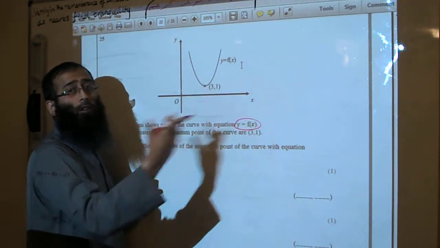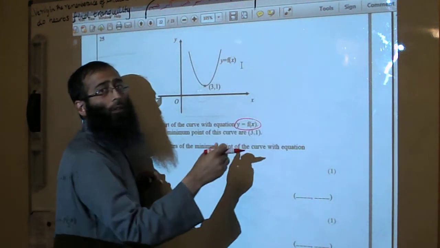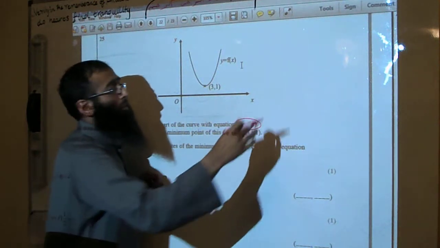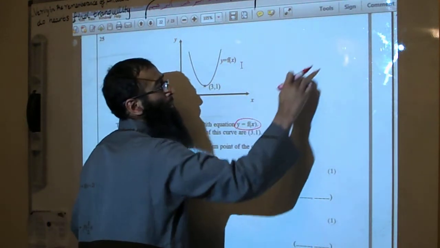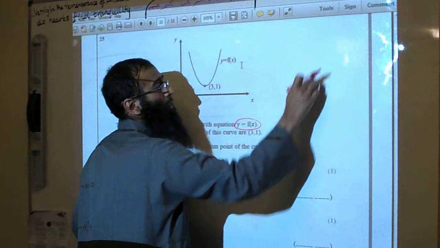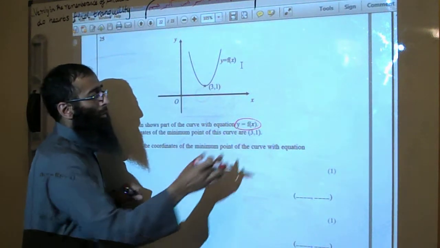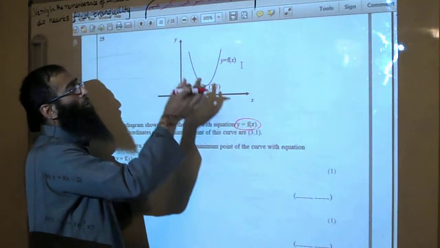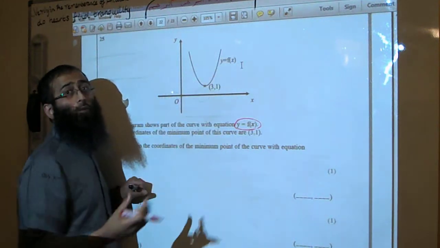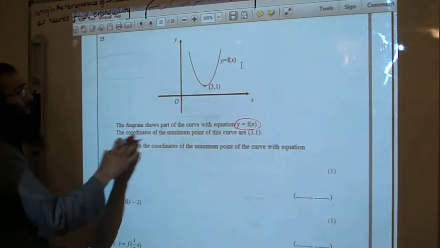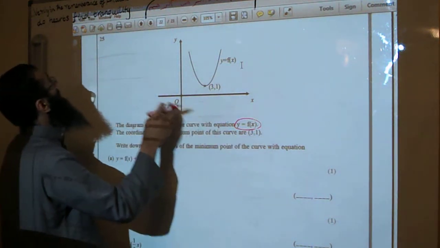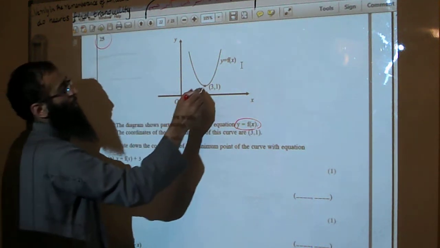It could be referring in another question to a cubic function, or in another question to a sine function, and so on. But in this case, this f of x is referring to what we can see quite clearly is a quadratic function. The coordinates of the minimum point of this curve are (3, 1). So this is question number 25.